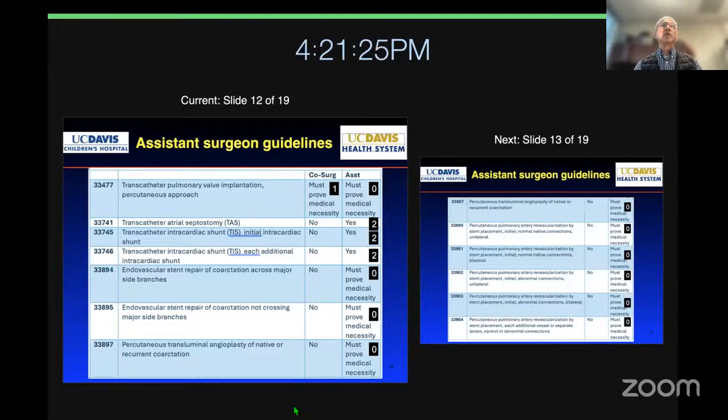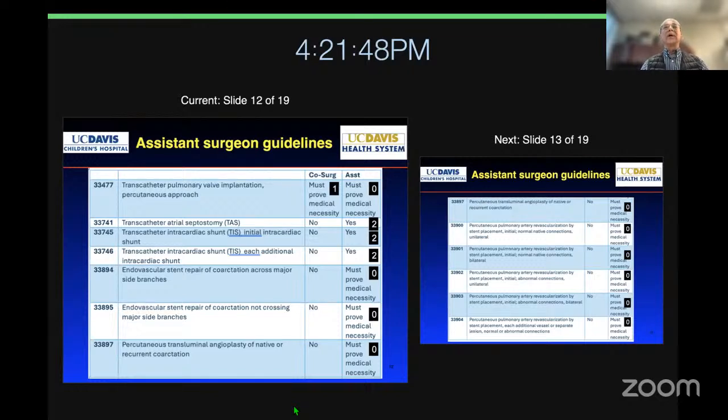Okay, so here are the lists of codes that can be used, and I think this is important for us to keep in mind. For transcatheter valves, you're allowed a co-surgeon as long as you prove medical necessity, or in the case of an assist, you're also allowed. But there are 2 different status indicators. Transcatheter septostomy is allowed for the assist code.